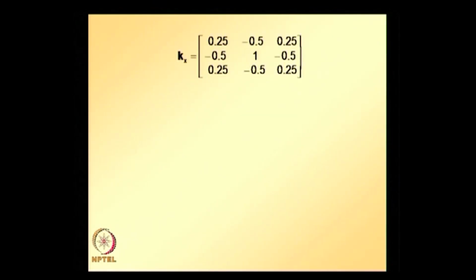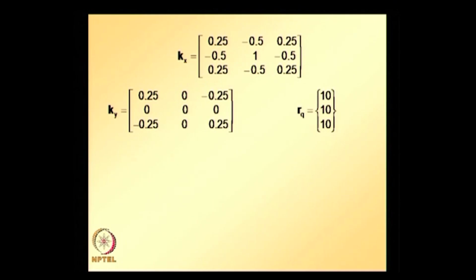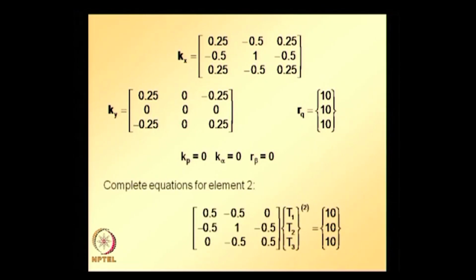So, once we have all that information, following the procedure similar to that for element 1, we get Kx, Ky and Rq, and the rest of the quantities Kp, K alpha, R beta are 0. So, using all this information we get the complete equations for element 2, like this.